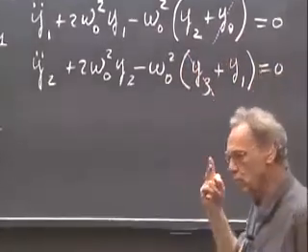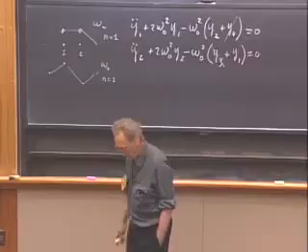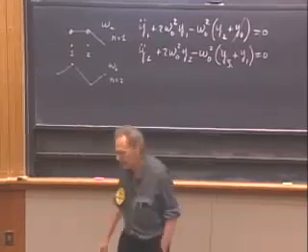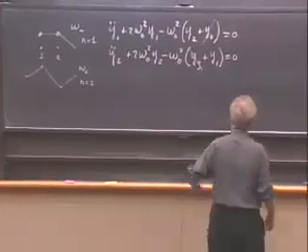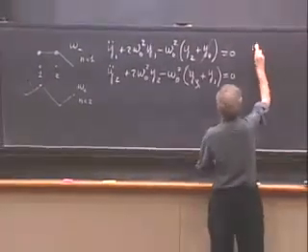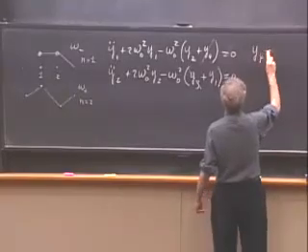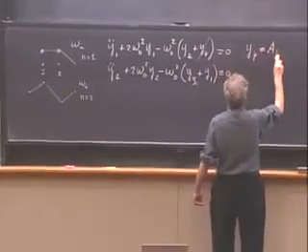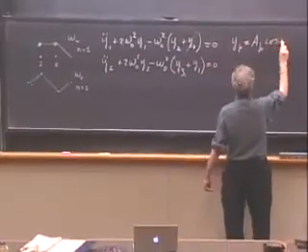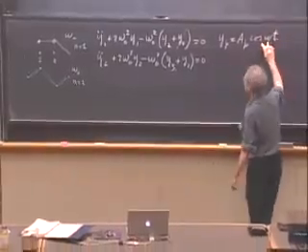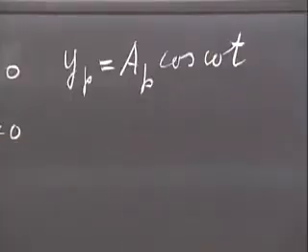So these 2 coupled oscillators will have to be solved. And in the normal mode situation, we are clearly going to put in as our trial function cosine omega t. They must oscillate with the same frequency omega, otherwise we wouldn't be dealing with normal modes.